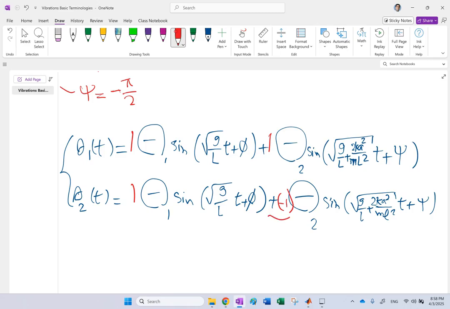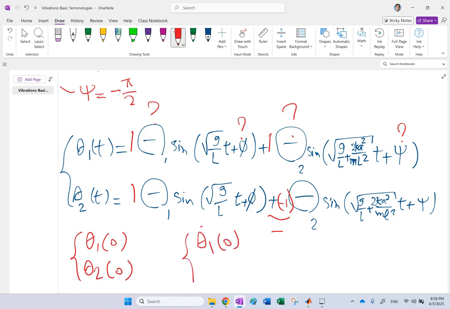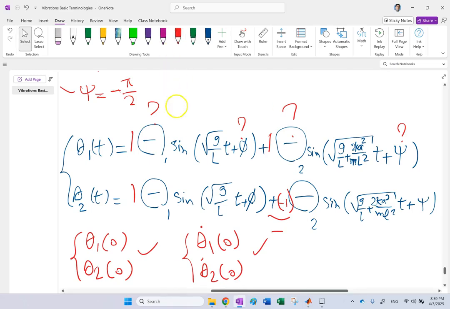So we can change that to a negative. These are the general format of the solution. And what are the unknowns? The unknowns are unknown theta 1, unknown theta 2, unknown phi, unknown psi. But remember, you have 4 initial conditions: theta 1 at 0, theta 2 at 0, as well as what? Theta 1 dot at 0 and theta 2 dot at 0. If you know these 4 initial conditions, you can determine those 4 constants, and that is your solution.